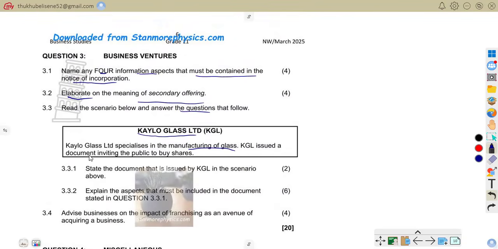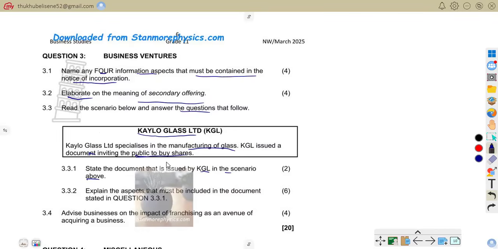KGL issued a document inviting the public to buy shares. State the document that is issued by KGL in the scenario above.